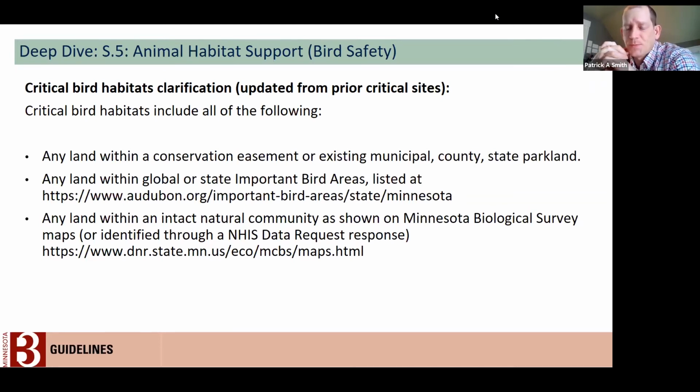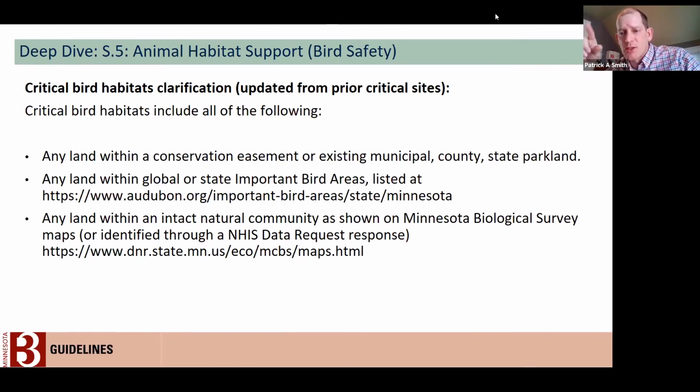The criteria that we came up with was looking at parklands primarily, then National Audubon has listed important bird areas in Minnesota, which is a good, quick way to look at potentially higher impact areas.